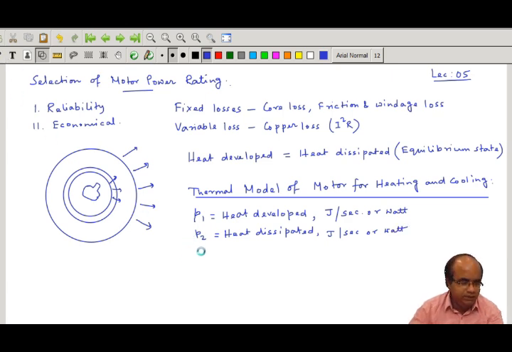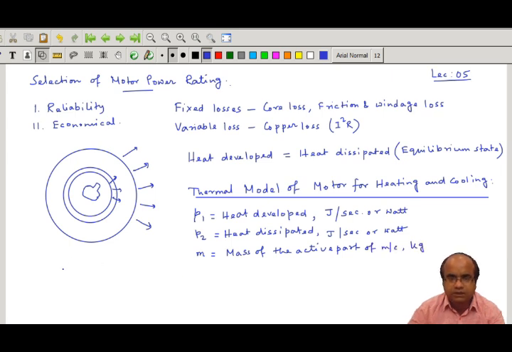Next is M, the mass of the active parts of the machine, in kg.